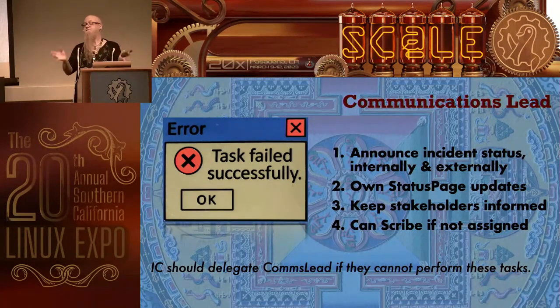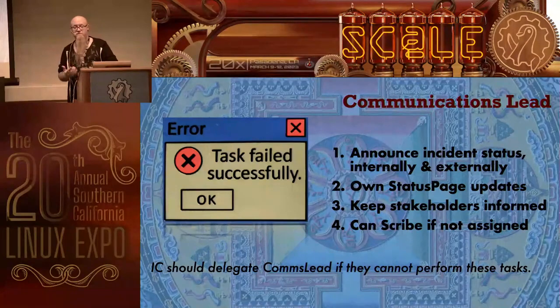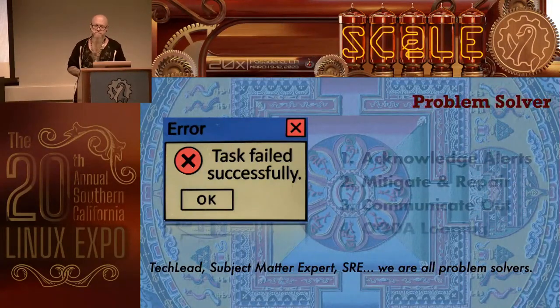If you even have an incident channel, something that I recommend you do. There may be Zoom calls going on. There may be Hangouts going on. Whatever you do, WebEx, anything like that. If you're worried about, and really you should be, getting the data from those meetings so that everyone in the incident knows what's going on, assign a scribe to the meeting. Or if you're the IC, be the scribe if you can.